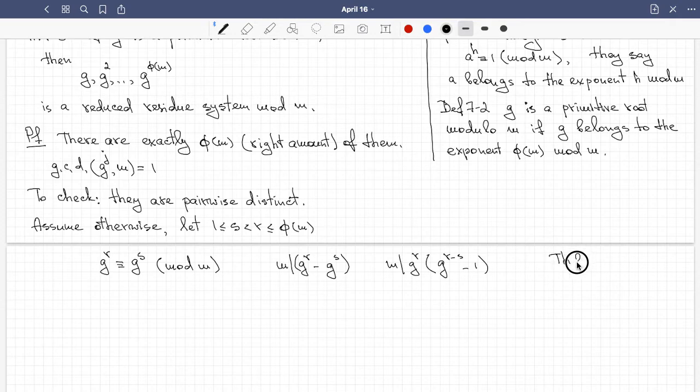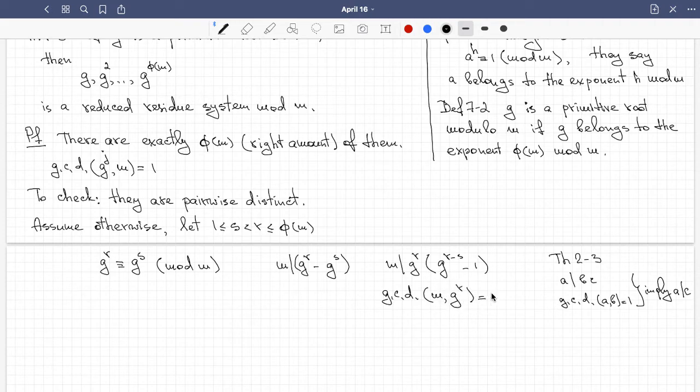Theorem 2-3 tells us that if A divides BC and the greatest common divisor of A and B is 1, these two imply that A must divide C. Now we have M divides a product, and M is relatively prime with G to the S. The greatest common divisor of M and G to the S is 1.